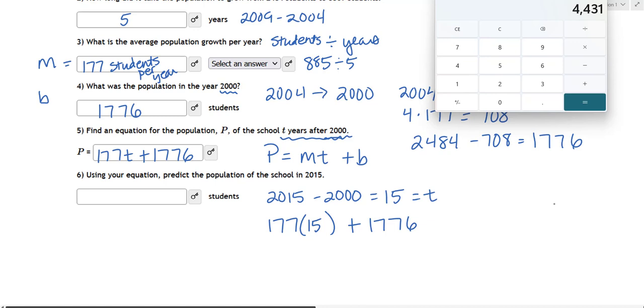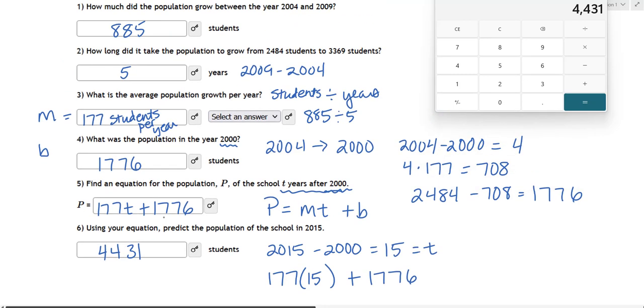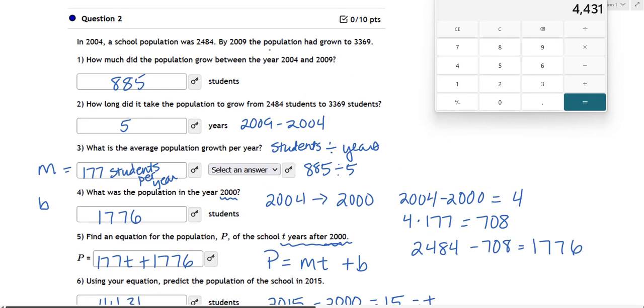So that's a big school. Hopefully they're building more buildings. So 4,431. Okay, so that's that one. Again, it's trying to walk you through finding the linear equation given two pieces of data.